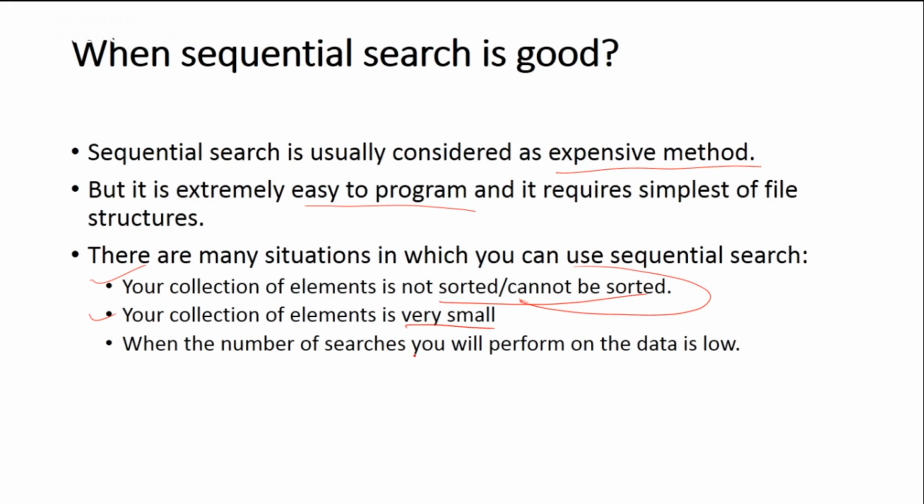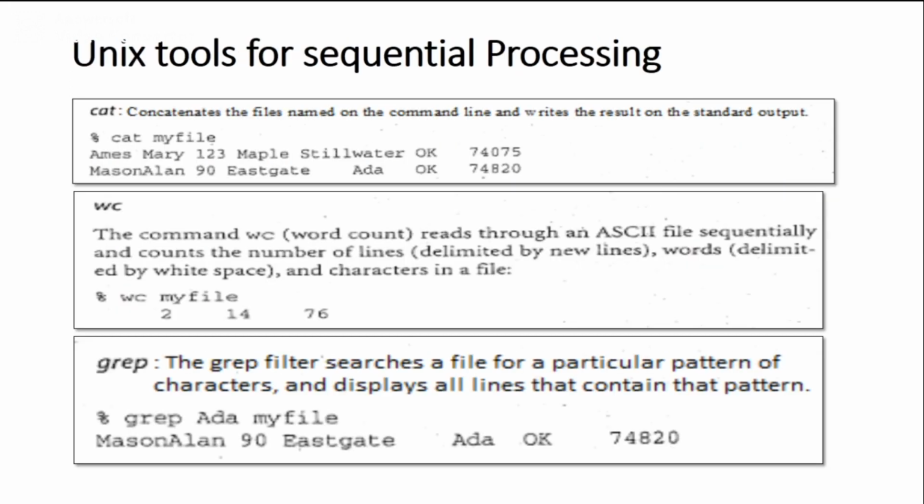When the number of searches you will perform on the data is low, then sequential search is good. But if you have more searches, then obviously sequential search will consume time, right? So all these 3 points are nothing but when you can use the sequential search concept.